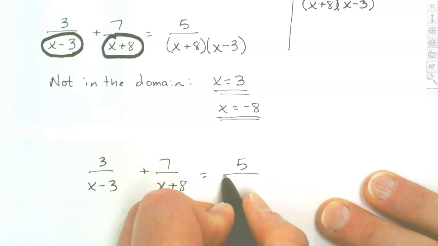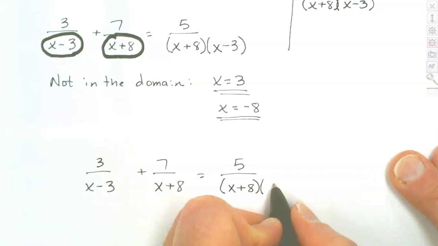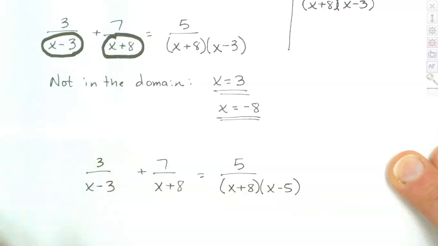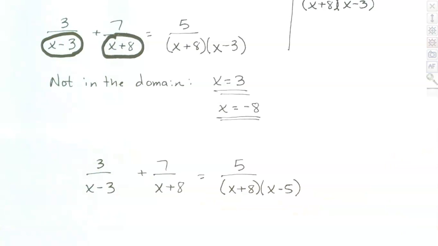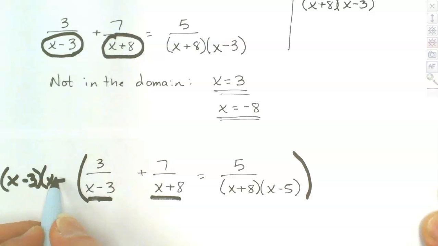So what we want to do is get rid of all of the fractions. For our first one, we have an x minus 3 below. So to get rid of that piece right here, we're going to use an x minus 3. This piece needs an x plus 8, right?